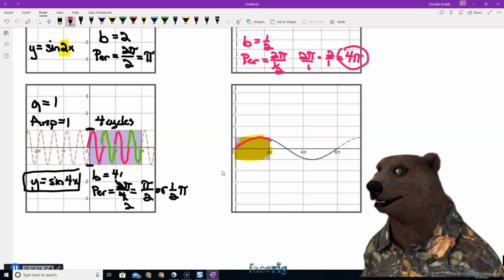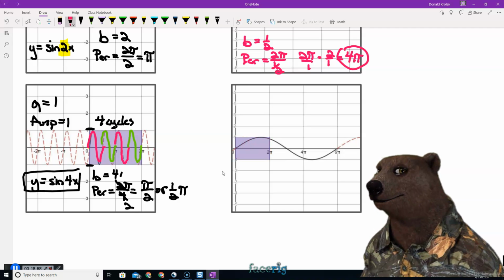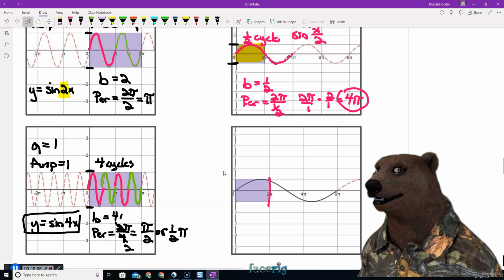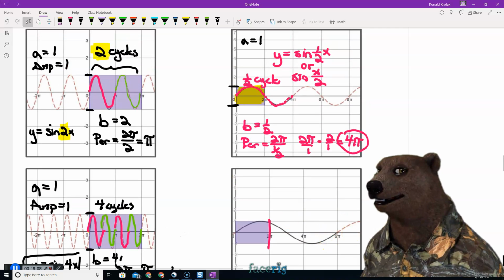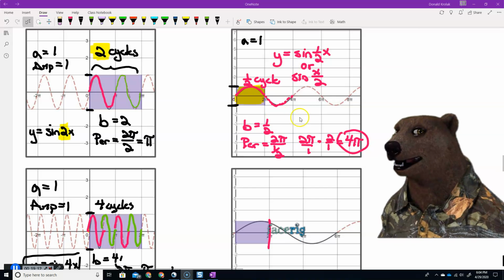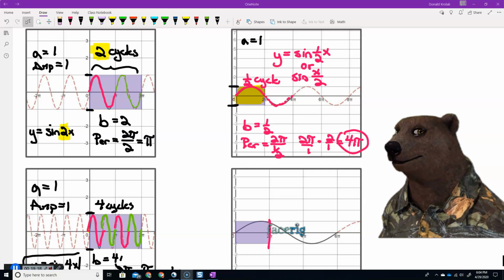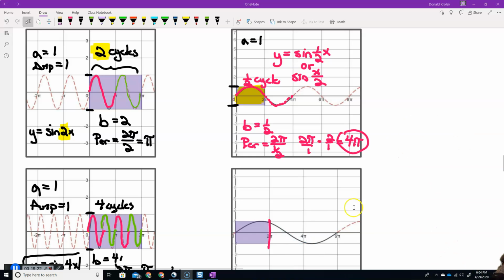In this case, how much of that sine graph is this part here? It's a little different than the previous one up here, guys, right here next to my nose. That's half of a cycle. This is a little bit less than half of a cycle.